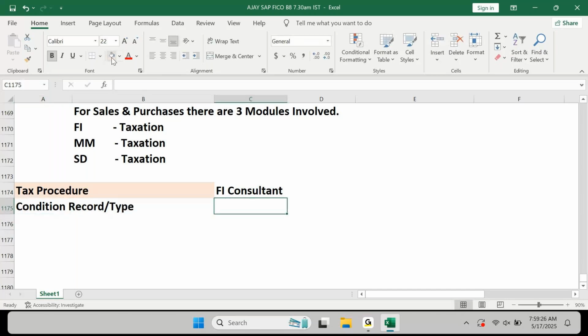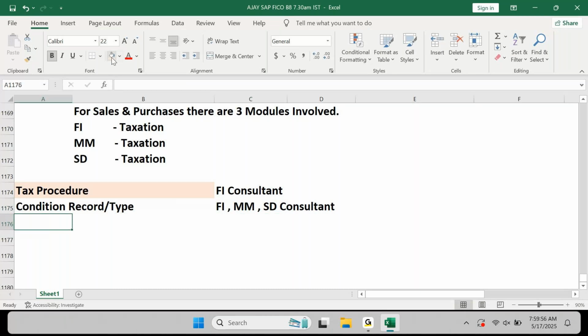Is this only FI, or FI, MM, SD, all three? Yes, all three: FI, MM, and SD consultants.